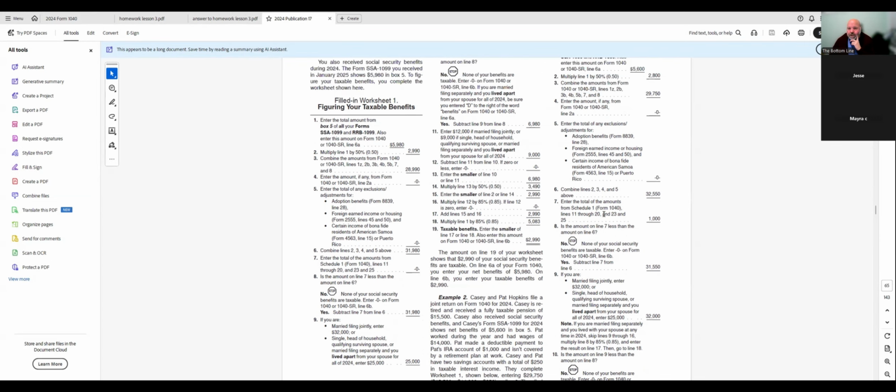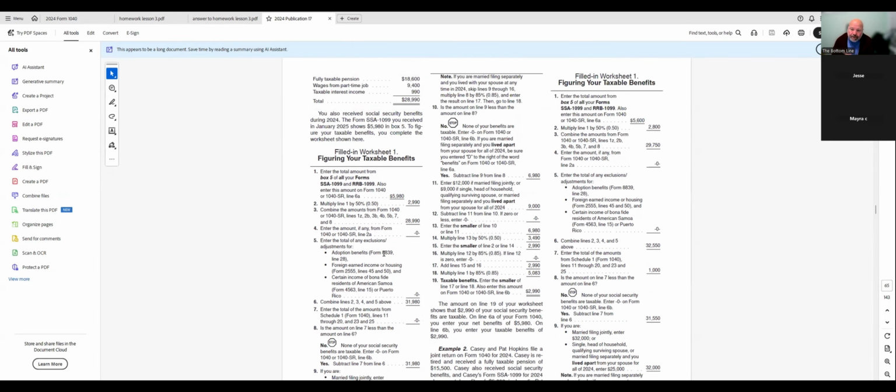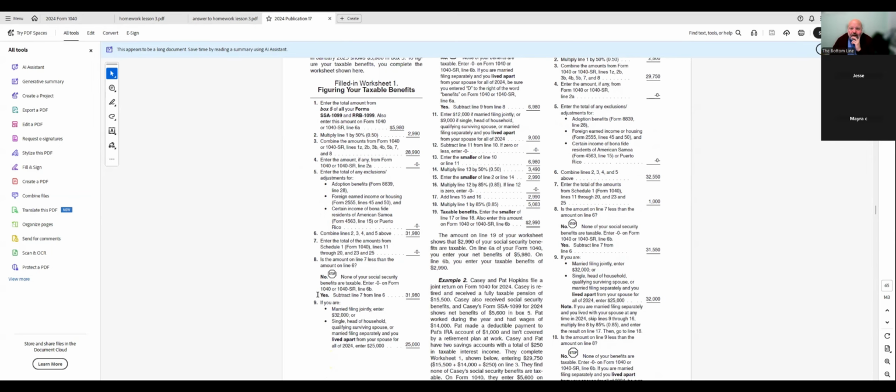$980, which then we go up, and this worksheet is convoluted, but if you take your time and you read the line. When you're saying the line, you're referring to those totals that are underlined. I read the line is, yes, subtract line 7 from 6.